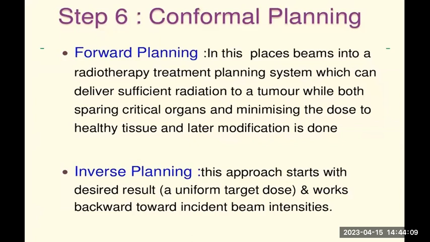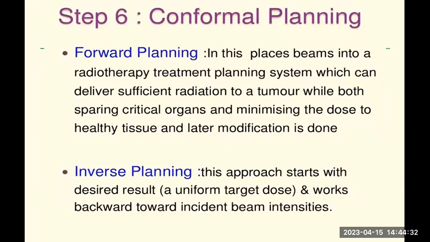In inverse planning, we plan the dose required for that 3 mm, and then we go back and the intensity is modulated based on the value of the dose. So these two planning methods are very important.